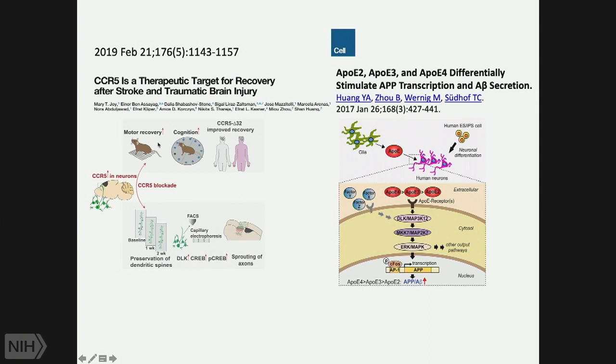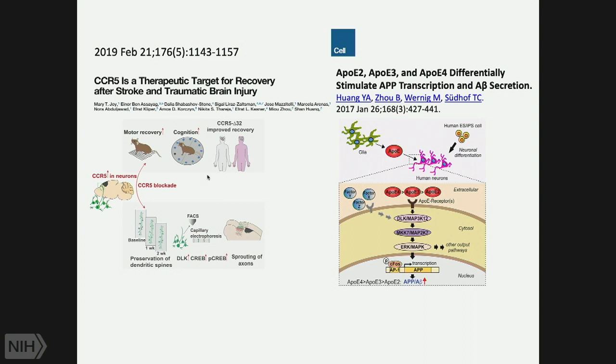One is this work from a UCLA group, which showed that in a particular stroke model, inhibiting CCR5, which is a cytokine receptor, somehow helped the mouse to recover from stroke. They were able to show that by blocking CCR5 following stroke, DLK is upregulated, which triggered CREB signaling, which triggered motor cortex neuron sprouting.